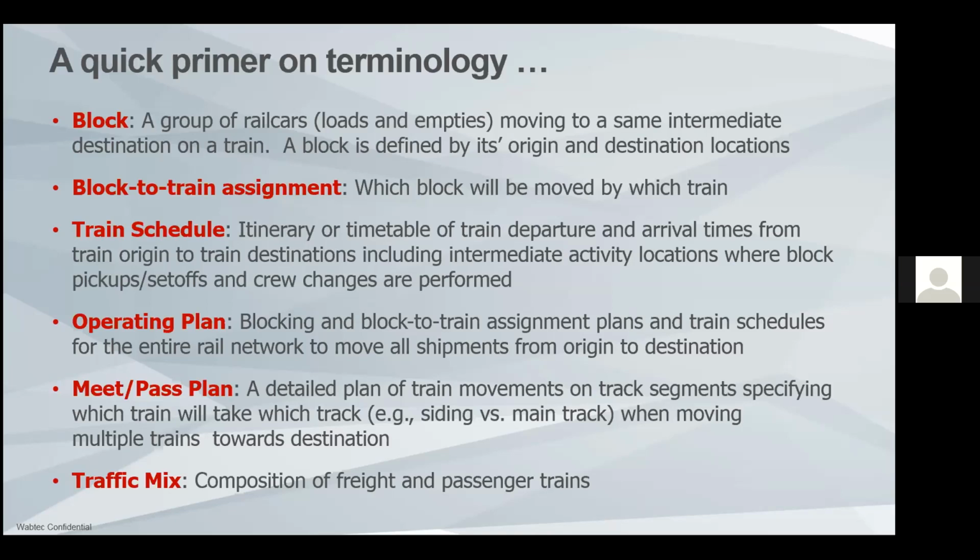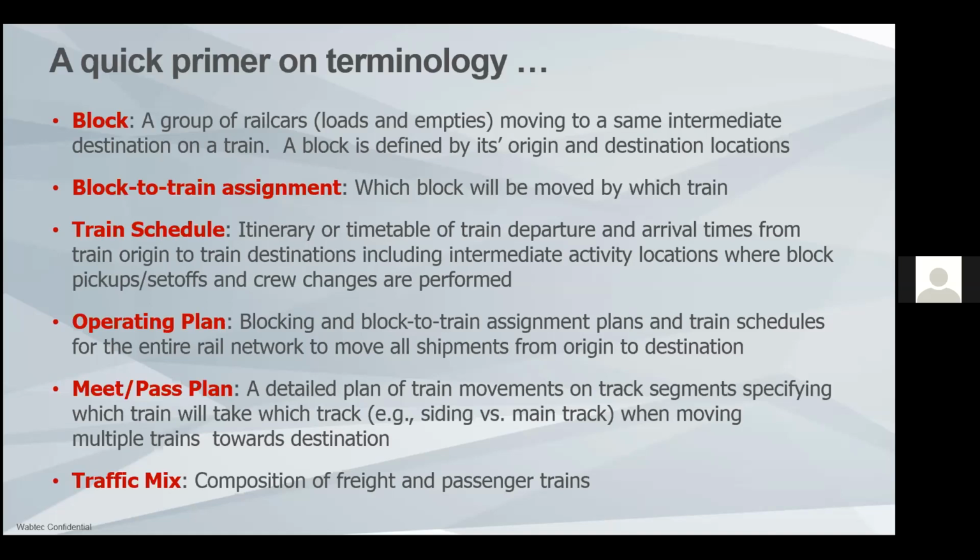And train schedule is an itinerary or timetable of train departure and arrival times from train's origin to destination, including all the intermediate activity locations. And also would specify crew change locations as well. Operating plan is a block to train assignment plan and train schedules for the entire rail network, designed basically to move all the shipments from origin to destination.